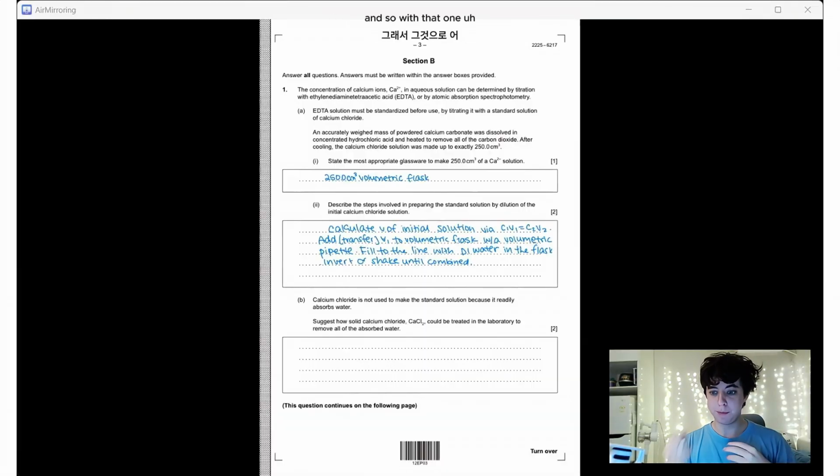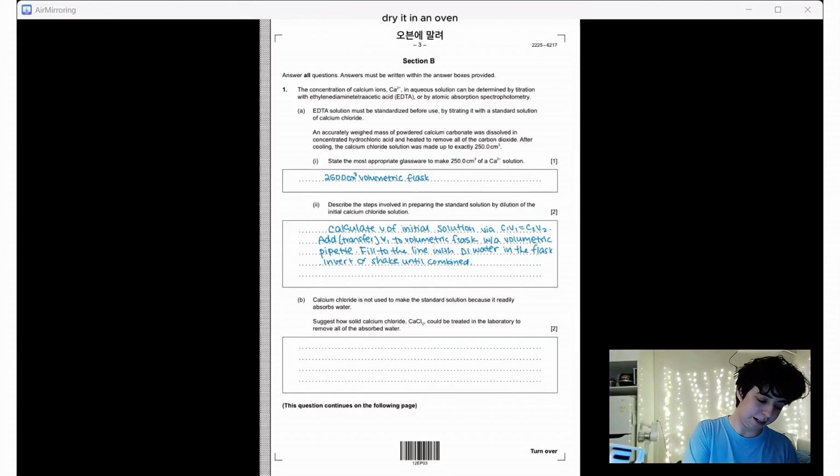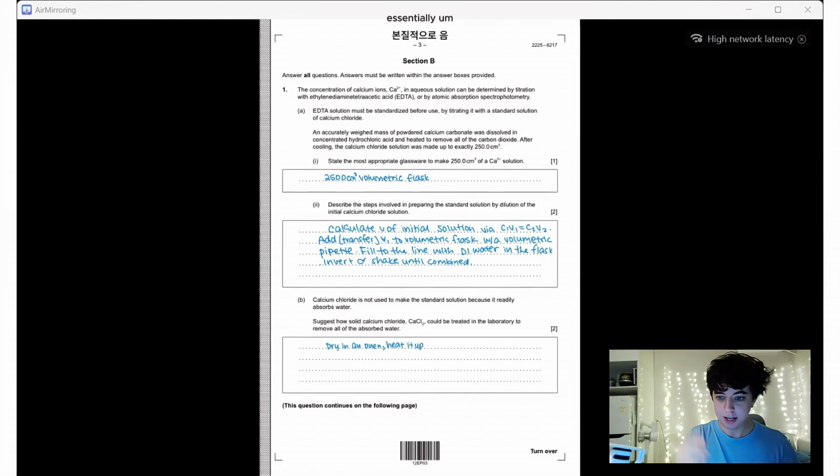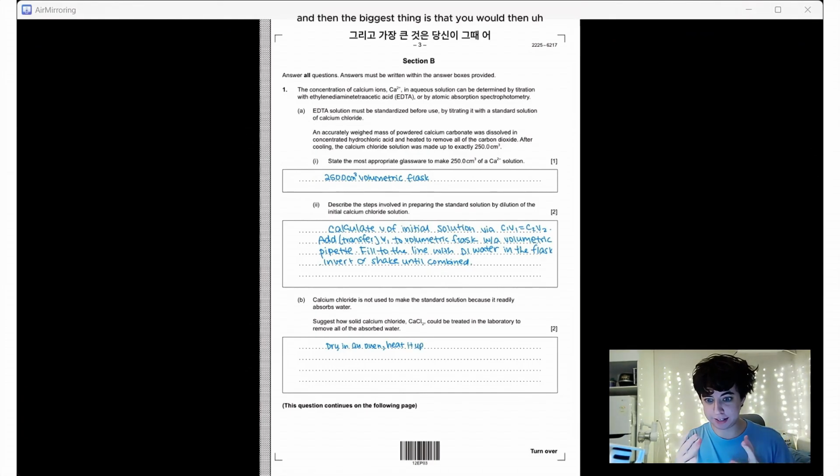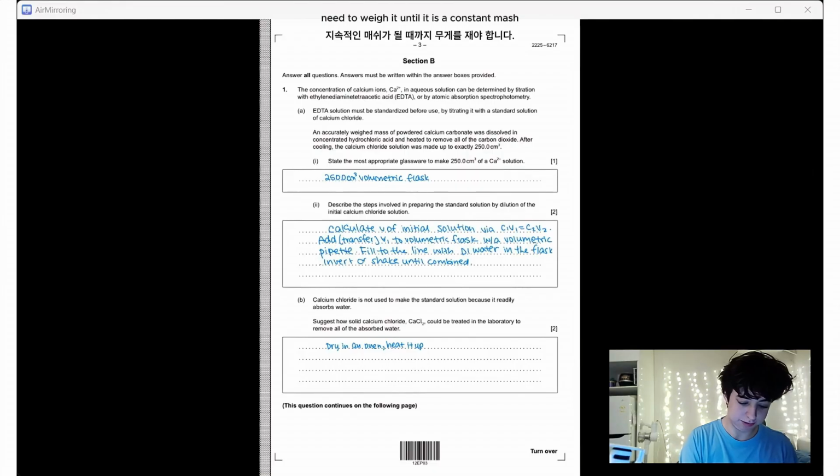And so with that one, whenever you are trying to remove water, there's 2 options: you could either dry it in an oven or just heat it up. And then the biggest thing is that you would then need to weigh it until it is a constant mass.